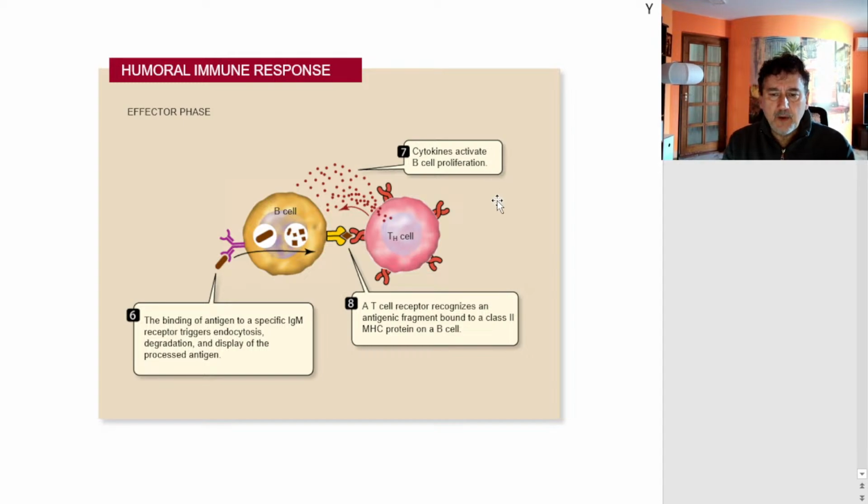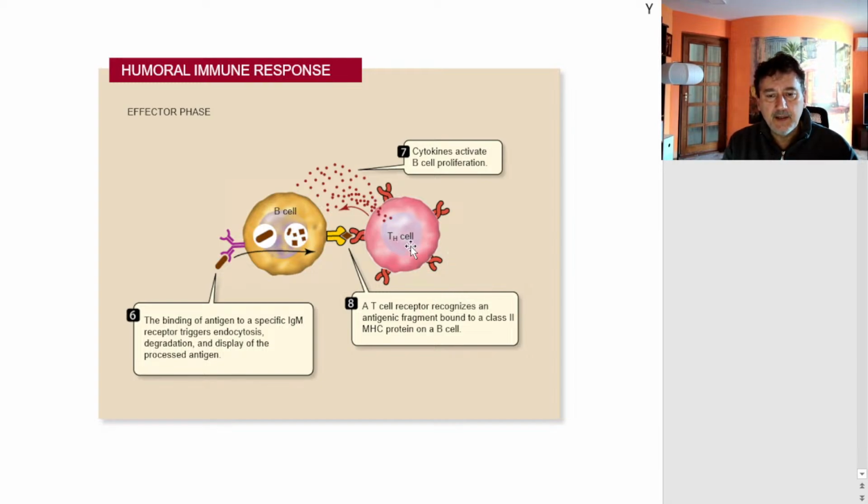Okay, so let's see what happens now. The B cell recognizes the bacterial cells through their B cell receptors, which triggers the endocytosis of the bacteria. The bacteria will be degraded within the cells and will be displayed by the class 2 MHC system, and that will be recognized also by the T helper cells. Now, not the phagocytes, not the macrophages, but the B cells, and the same thing will happen.